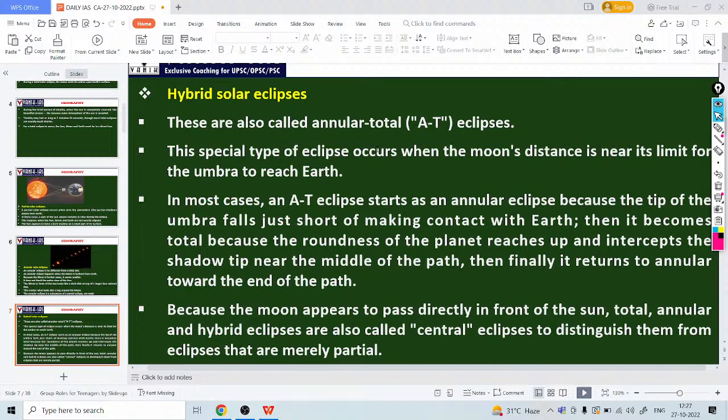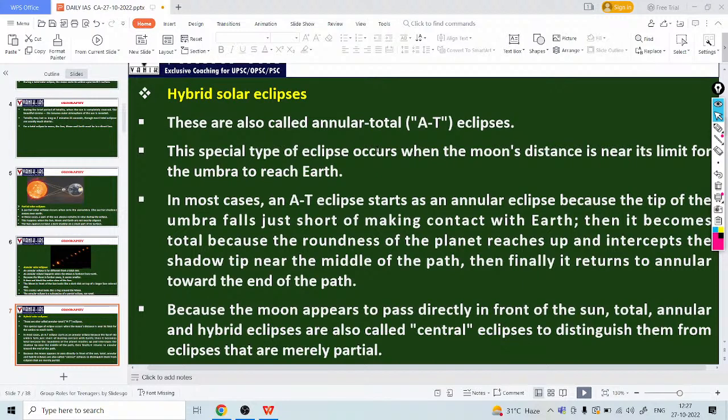In most cases, a hybrid eclipse starts as an annular eclipse because the tip of the umbra falls just short of making contact with the Earth. Then it becomes total because the roundness of the planet reaches up and intercepts the shadow tip near the middle of the path. Then finally it returns to annular towards the end of the path.